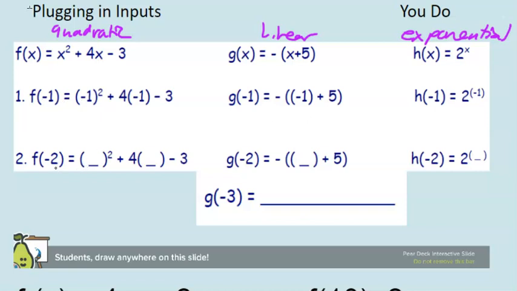And then now you have to plug in for negative 2 and for negative 3 on just the linear one. So where these blanks are, replace it with the input number. And then g of negative 3, write out the whole entire process. You don't have to evaluate these, just set them up.